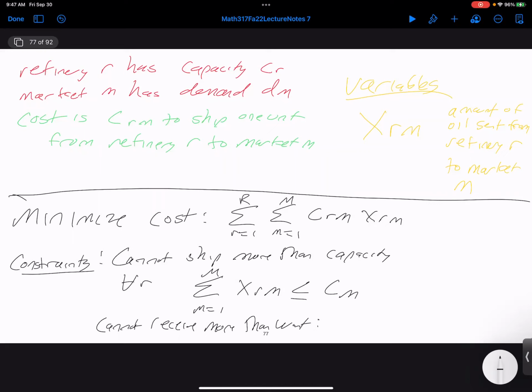For all markets, the sum over all the refineries of how much we ship to that market is at most its demand. So it's actually not that hard to write down constraints for this problem. Is there anything else we really have to have as a constraint? No. You can't ship more than you have, and you don't receive more than you want. And so we've now set this up.